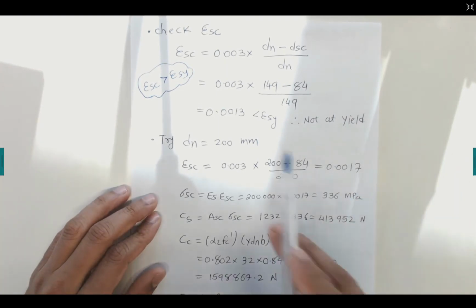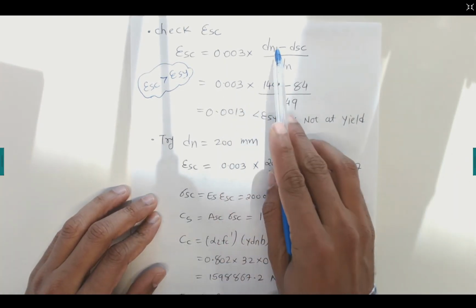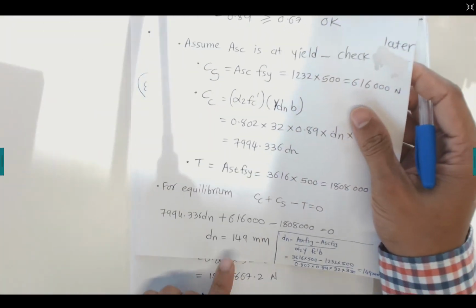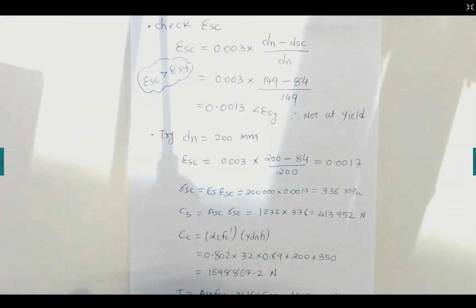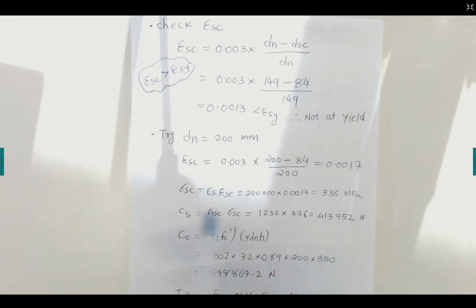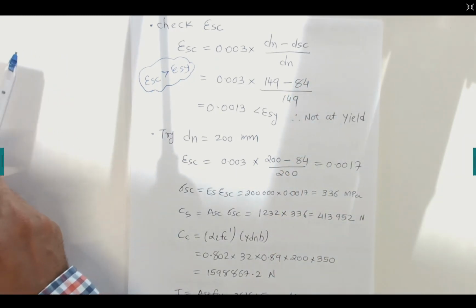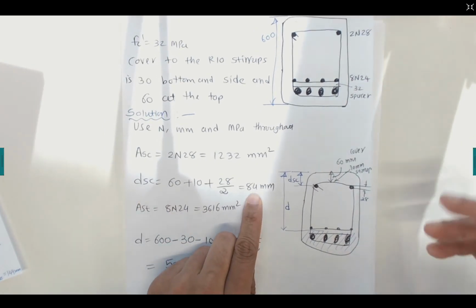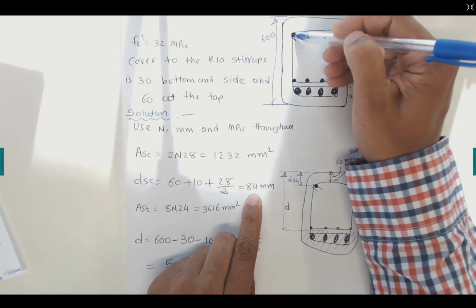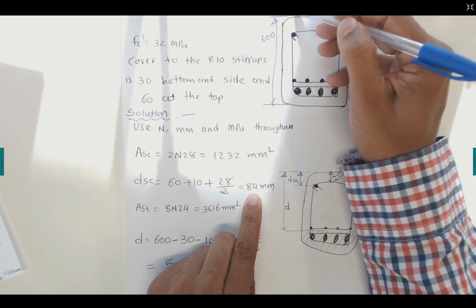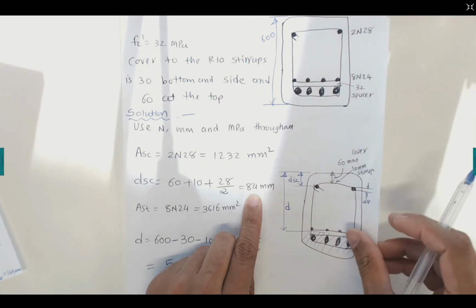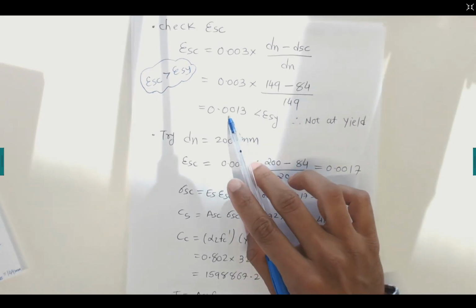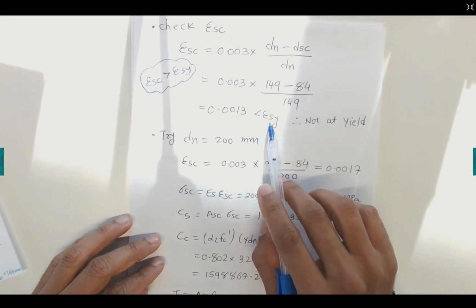Now we substitute the values: 0.03 times dN, 149 millimeters that we just calculated, take away 84 for dSC. What is dSC? dSC is 84 millimeters, the distance from the center of the top reinforcement to the top of the beam, which we calculated. Substituting 84 over 149, that is 0.013, which is less than ESY.